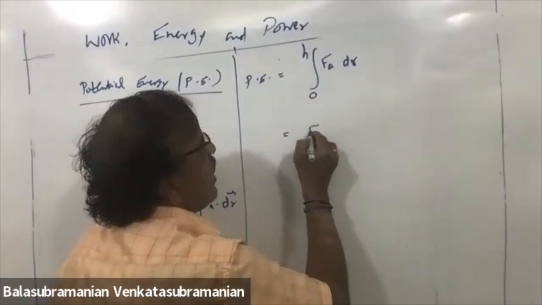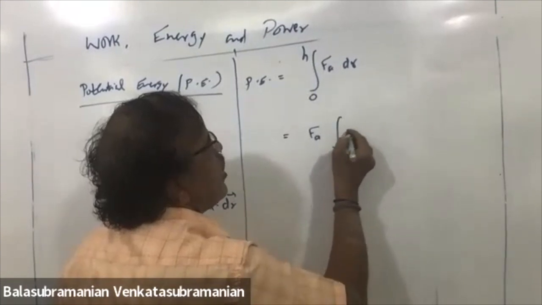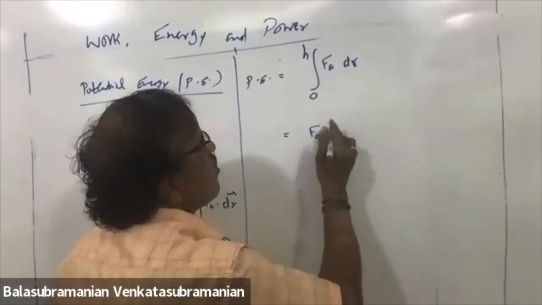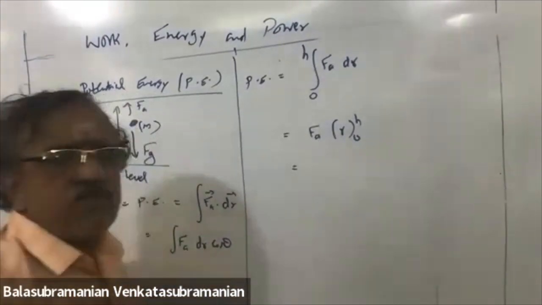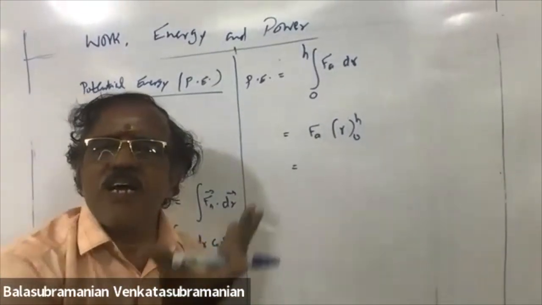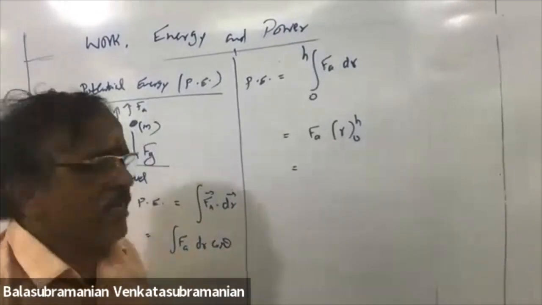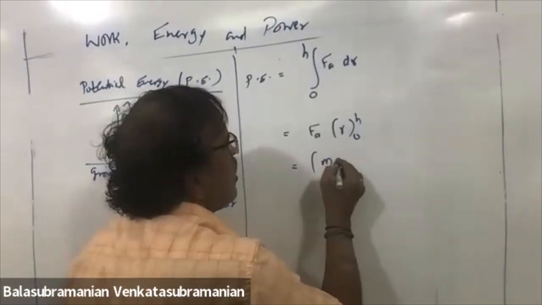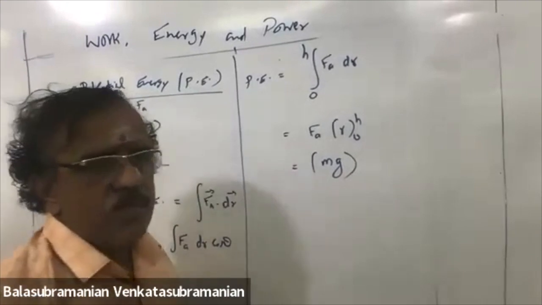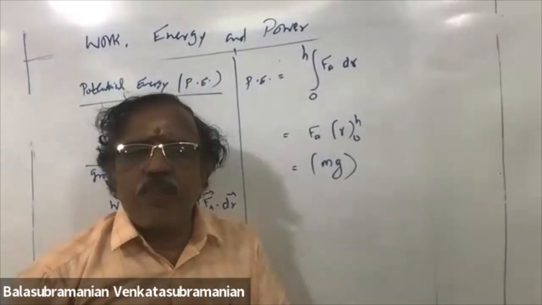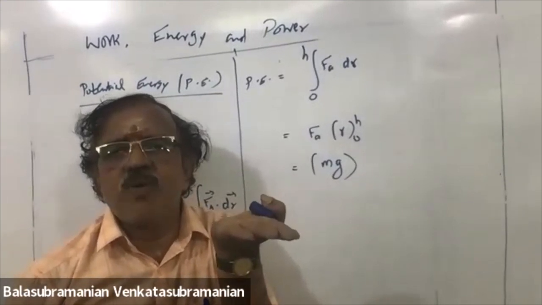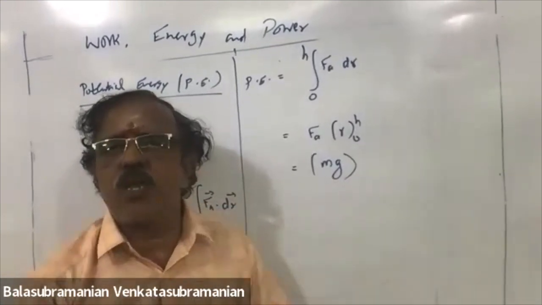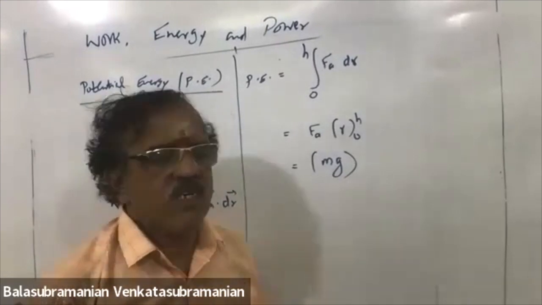F_a, take it out. Integral dr is nothing but r, limit 0 to h. The equivalent value of that downward force is nothing but mg. Body placed at a height, the force acting downwards is the weight of the body, mg.